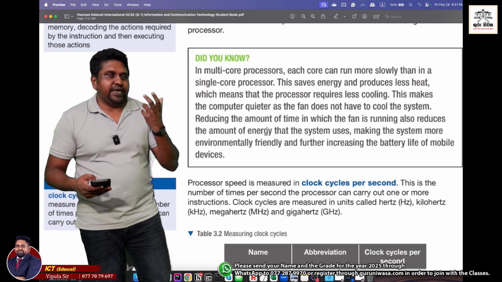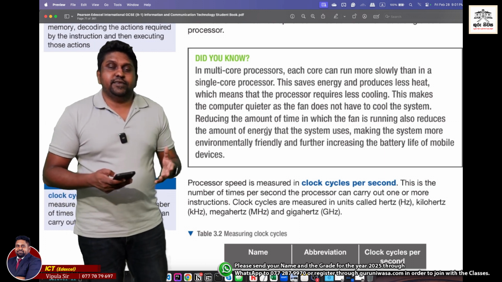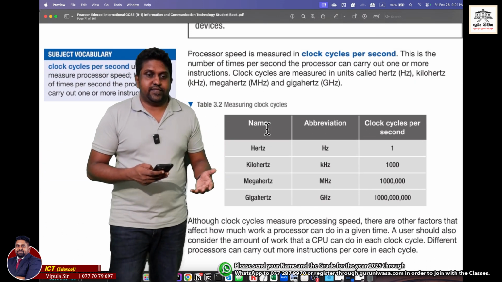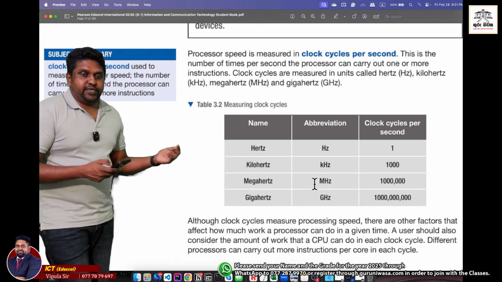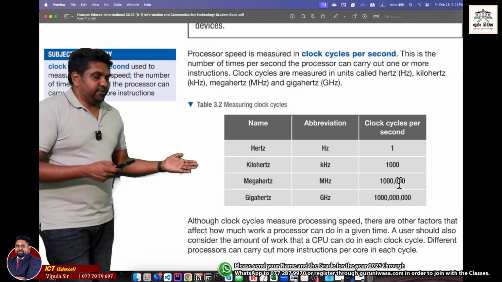The CPU had a single processing core with a certain number of megahertz. Megahertz means clock cycles per second.